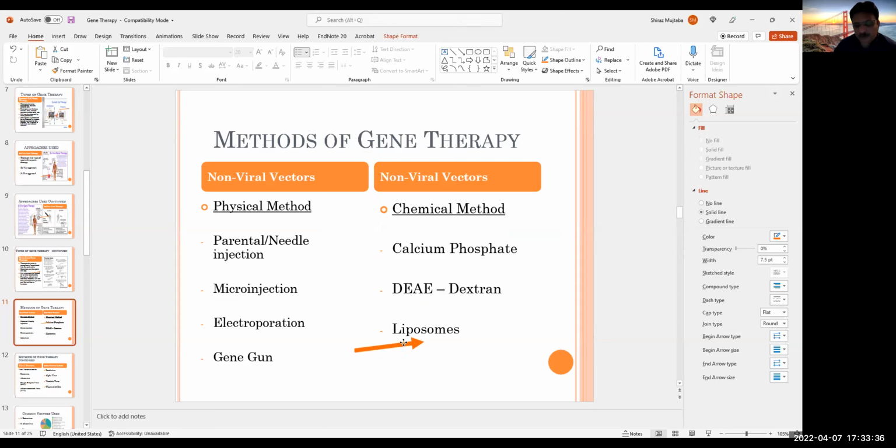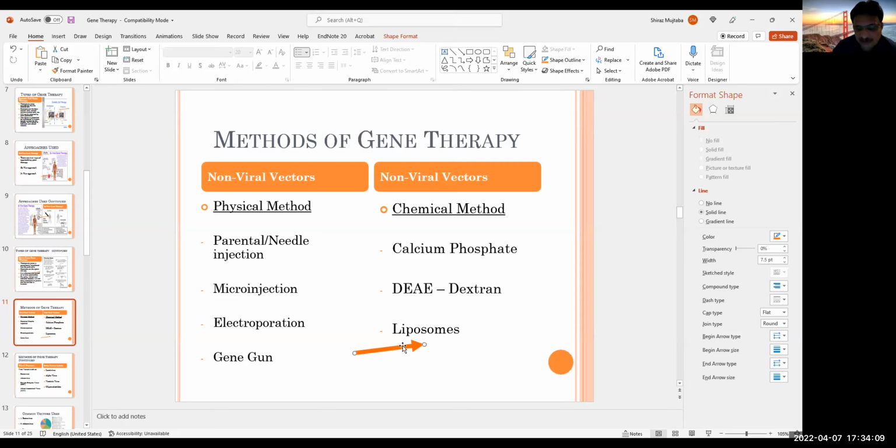Second is liposomes. So what are liposomes? Liposomes are small sac-like structures made up of a bilipid layer. Liposomes have an advantage. Let's say we want to deliver the gene into kidney cells, or into skin cells. The membrane composition of a fibroblast and of an epithelial cell, whether in kidney or skin, will be very different.